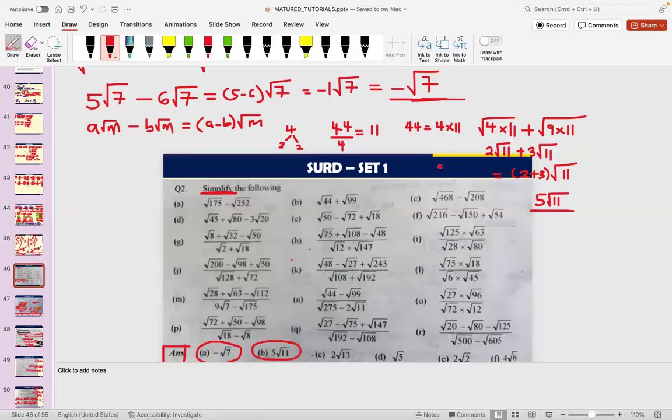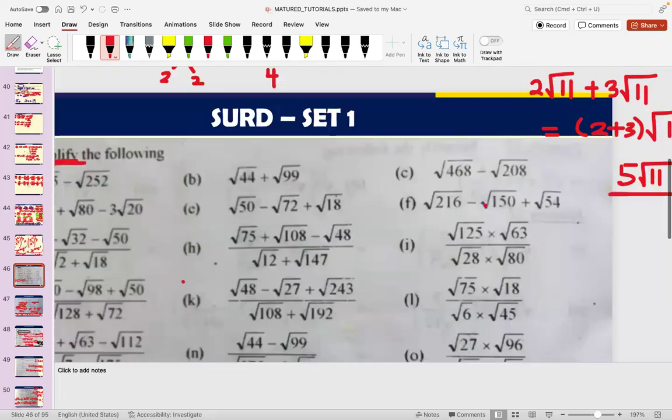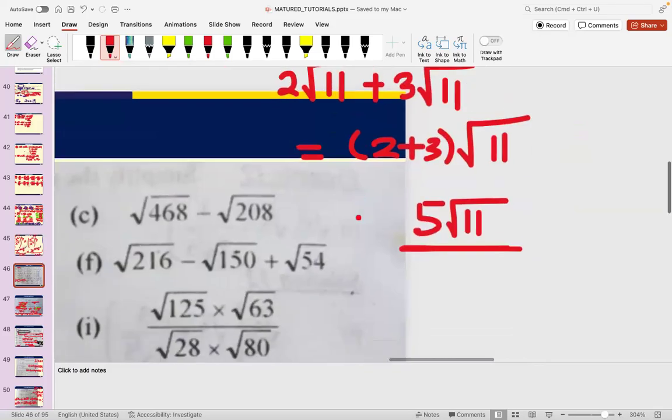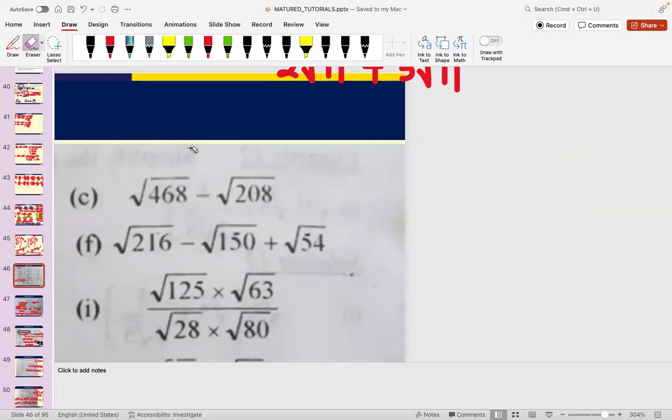Okay, let's move to the third one. The third one, we have a lot of thinking to do. Square root of 468 minus 208. So what is the thinking to do? How do we break this one down?